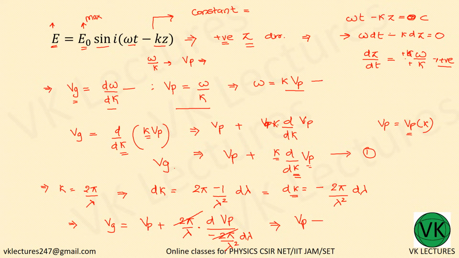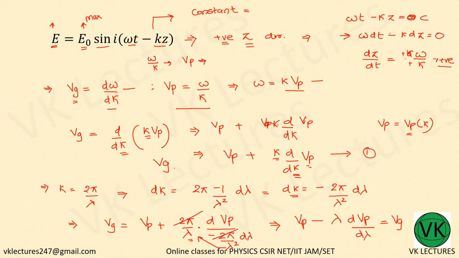This lambda square goes up to the numerator, which cancels with lambda in the denominator and gives you lambda over here. dVp remains as it is, and in the denominator you have d lambda. So Vp minus lambda dVp by d lambda is nothing but your Vg.